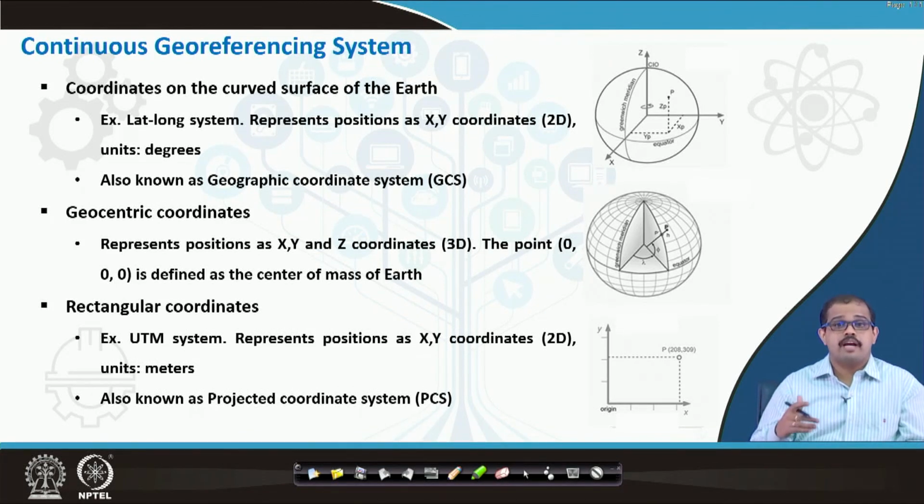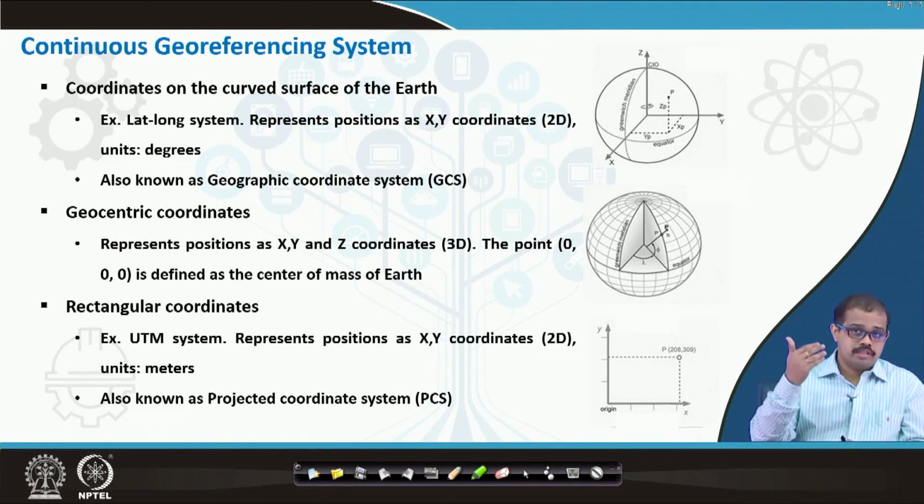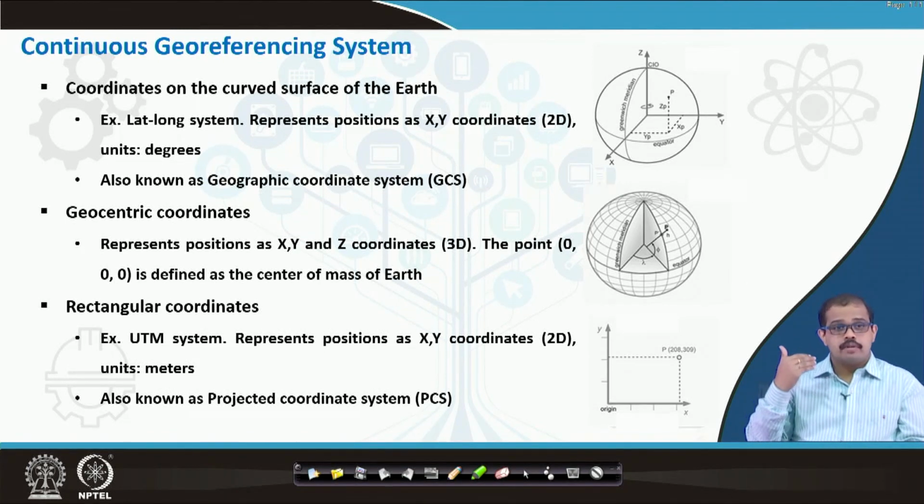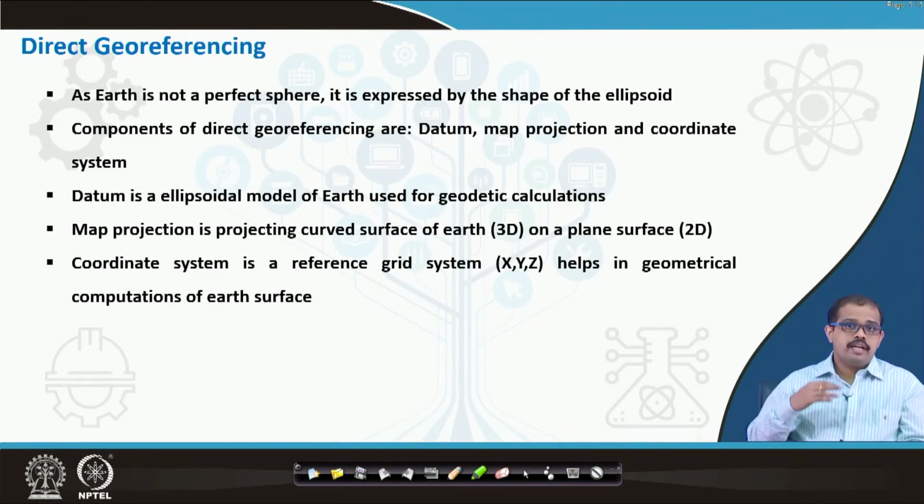This is also known as a projected coordinate system. So now we have understood what a coordinate system is, what a datum is, what a projected coordinate system is, right? So now let's get into direct georeferencing.